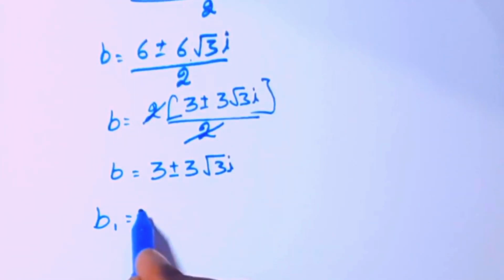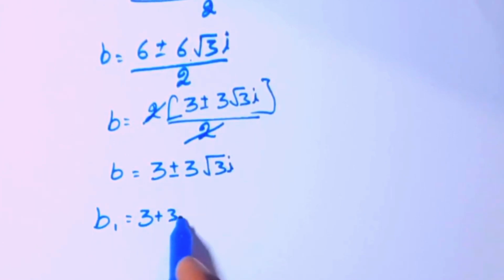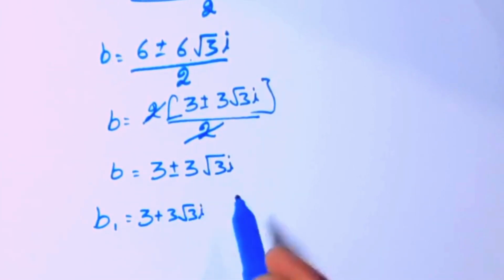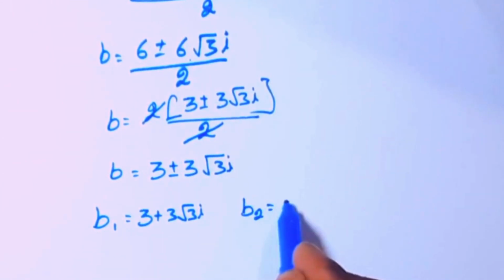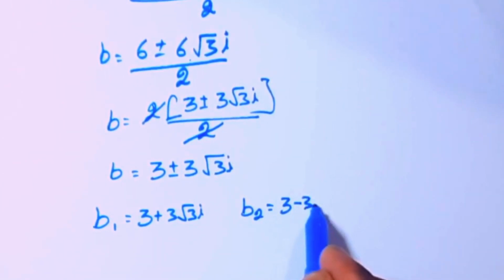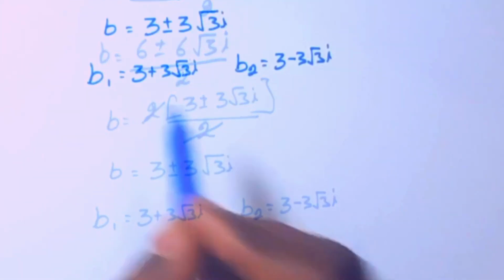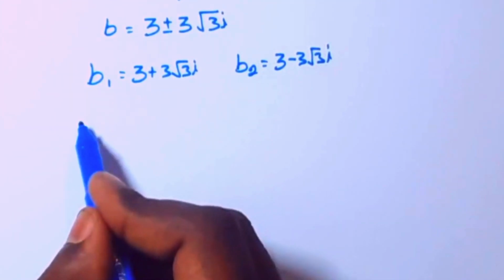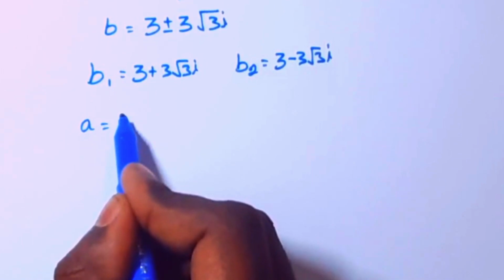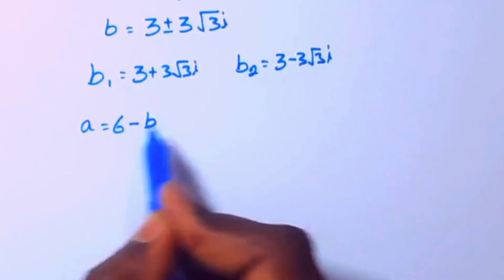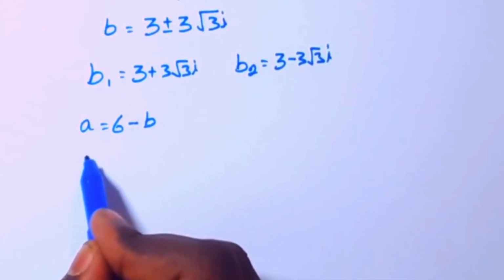b1 equal to 3 plus 3 square root of 3i. b2 equal to 3 minus 3 square root of 3i. We are going to substitute this b in equation 3. A equal to 6 minus b. This is equation 3.